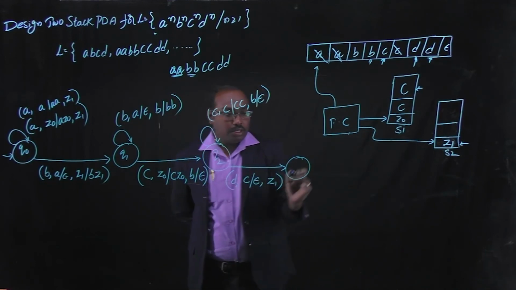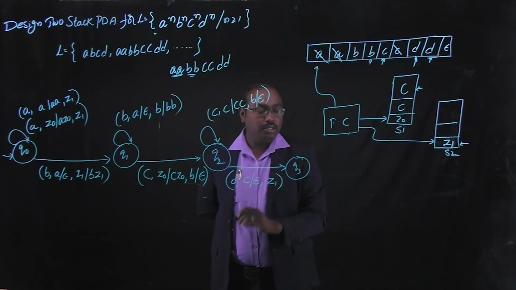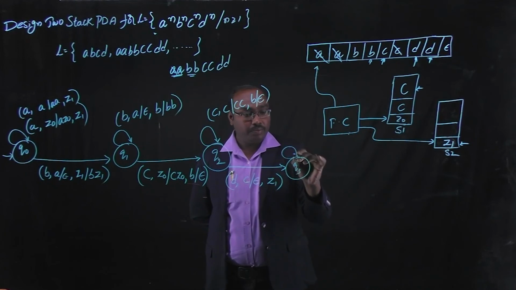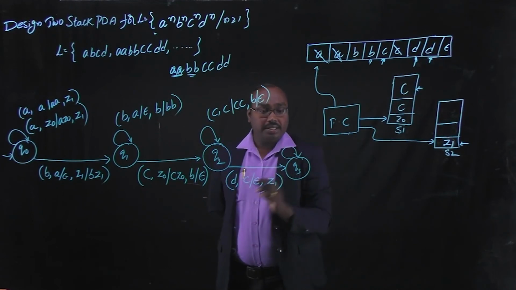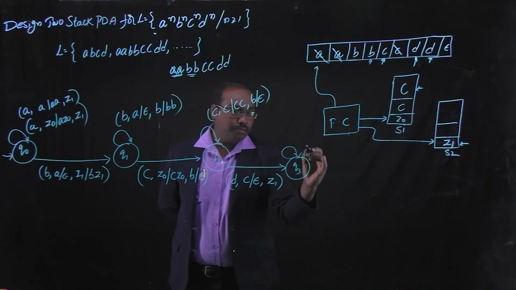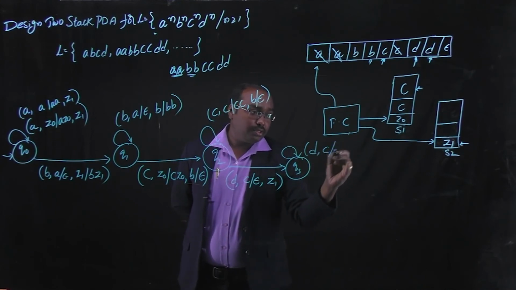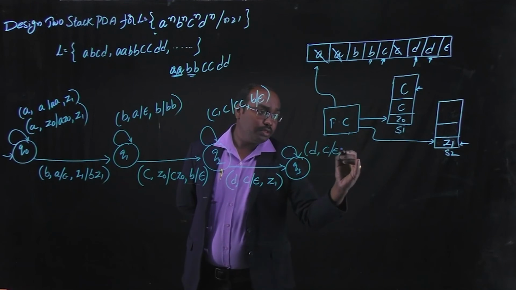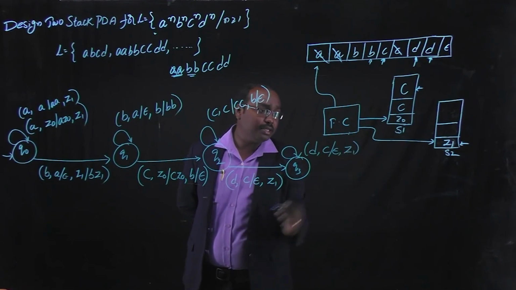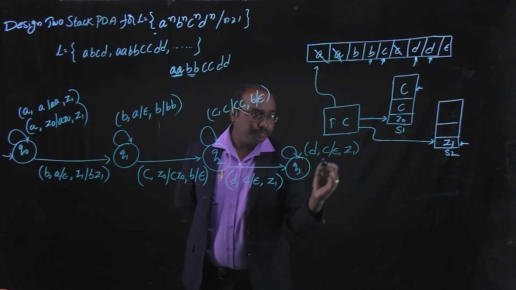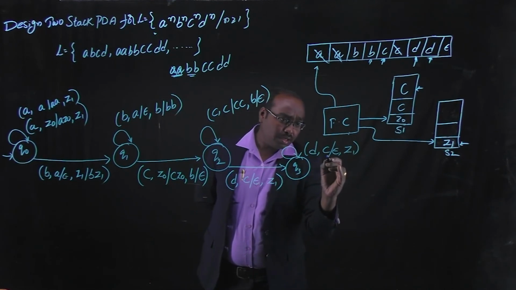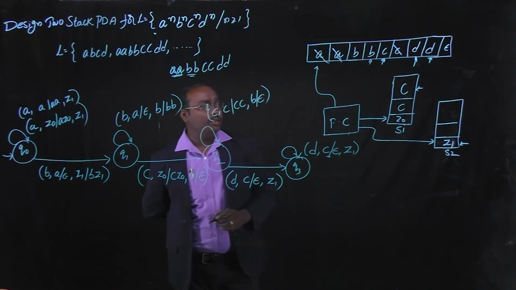Now we have to move to the new state, where we read the D's. If the input symbol is D, all C's should be removed, and the second stack should stay idle. All the C's should be removed from stack 1.